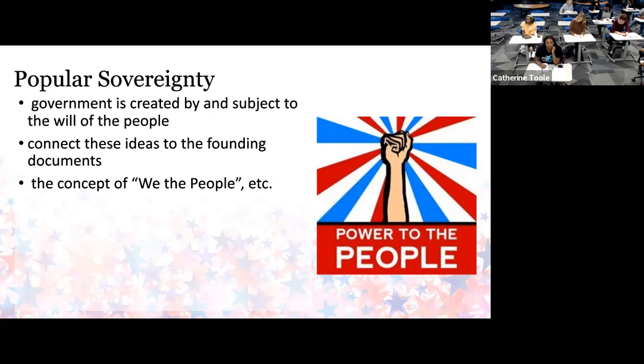But within everything, it's that we are the governed. We, the people, is the first thing in the first article, in the preamble. We, the people. And then even before that, the Declaration of Independence said, deriving their just powers from the consent of the governed.